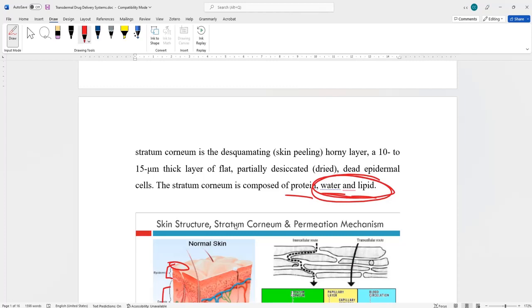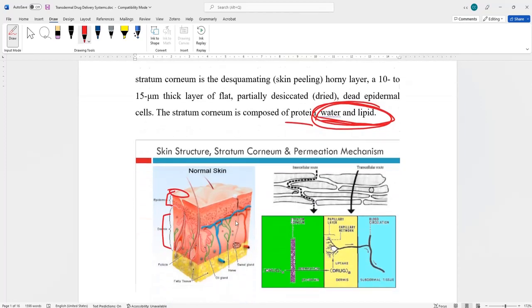Why do I want you to notice them? Because for the drug to leave the transdermal drug delivery system and get through the skin, it must have water and lipid solubility, just like the nature of the skin. This will allow the drug to move.